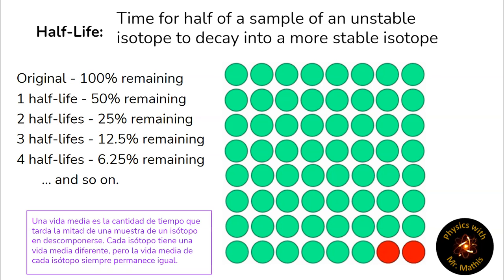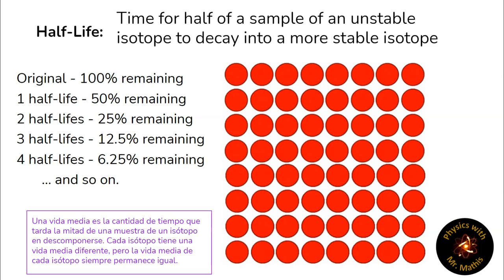If we look at the numbers, in the beginning we have 100% unstable isotope. After one half-life, there's 50% of it remaining because we divided the 100 in half. In the second half-life, we divide the 50% in half, and we have 25% remaining.